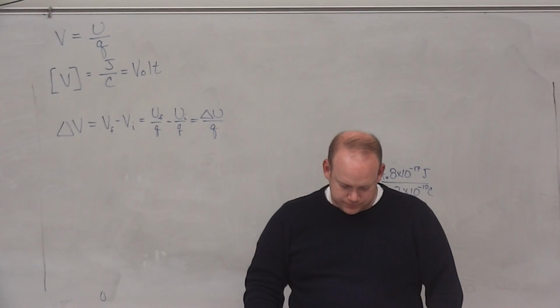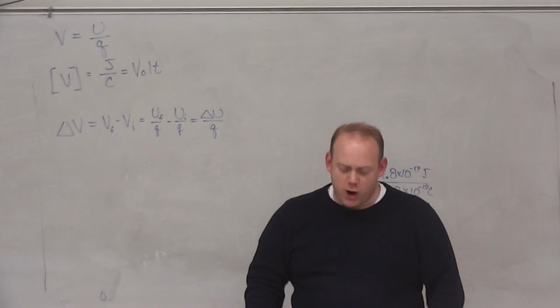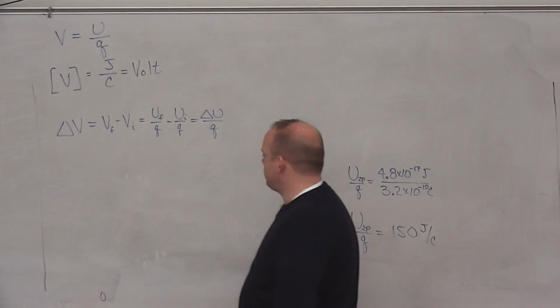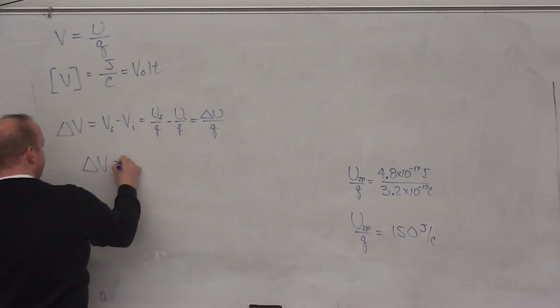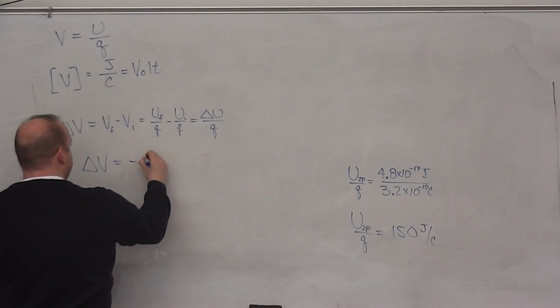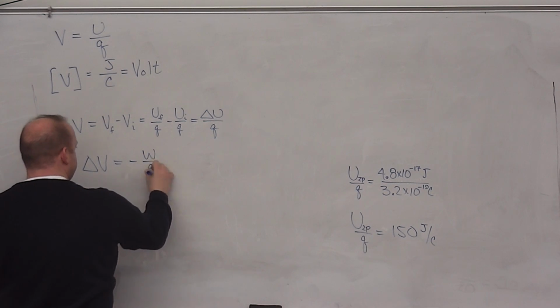Along with that, we know that work is equal to negative delta U. So delta V will equal negative work per unit charge.